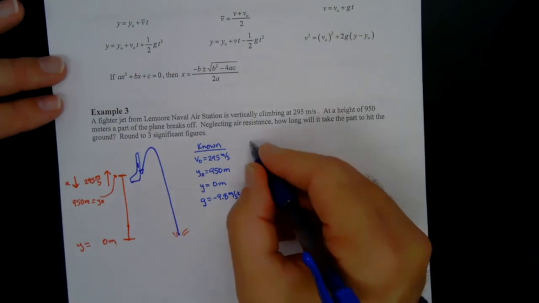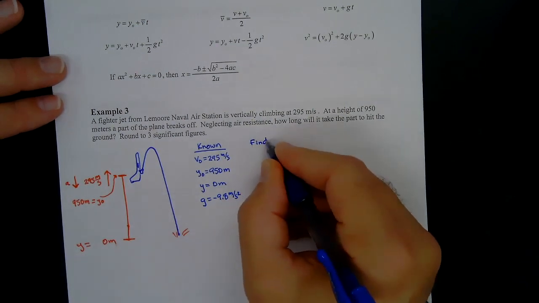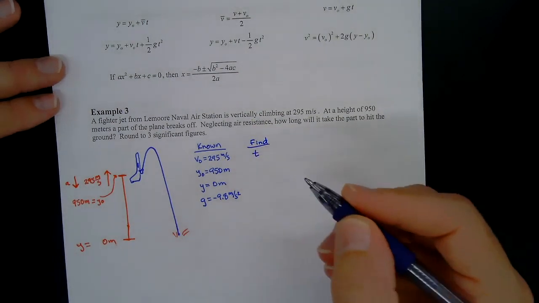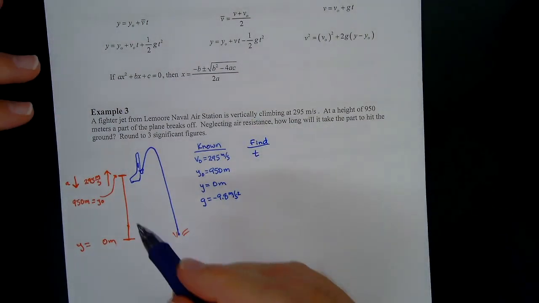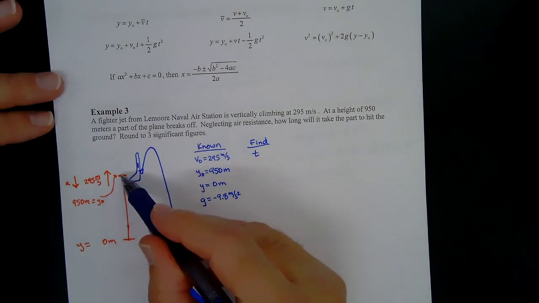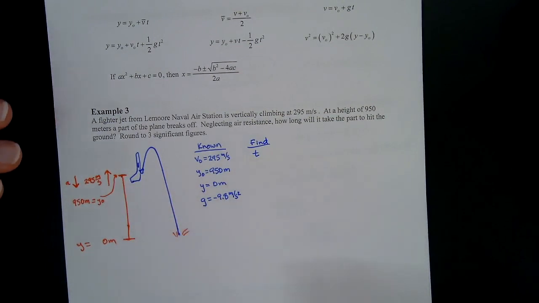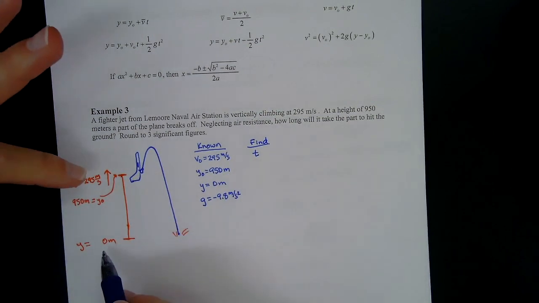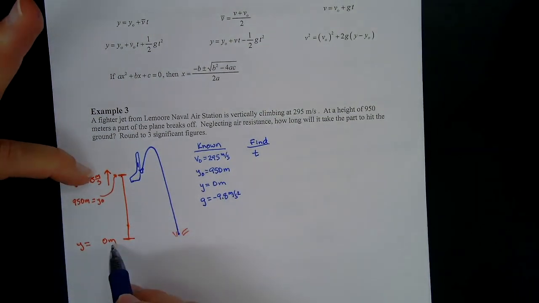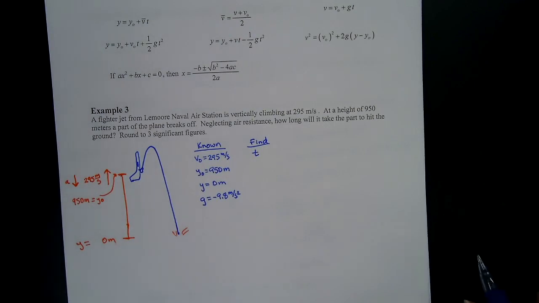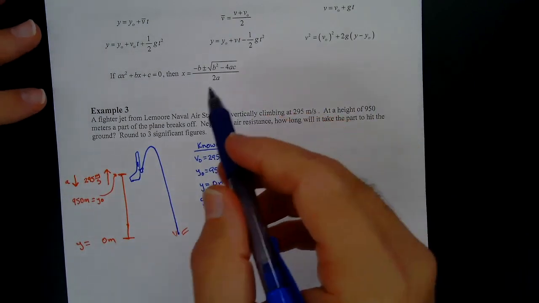All right, and then we're trying to find the time. The time I'm using here is the time it takes to go from the 950 meters to the 0 meters. That whole time period from here to here, okay? Now, which equation are we going to use?